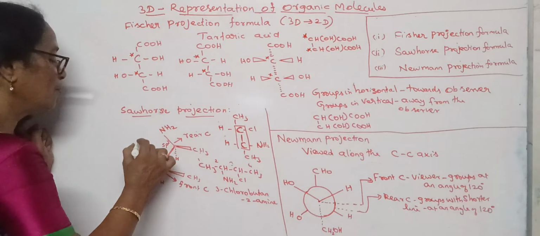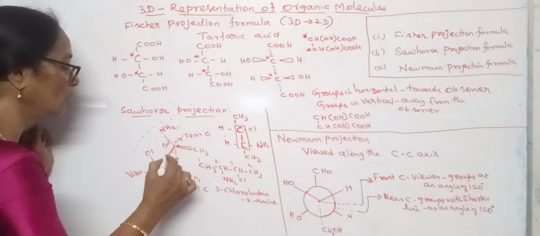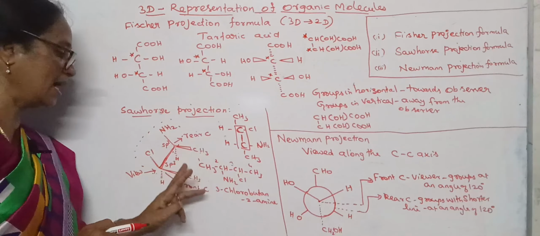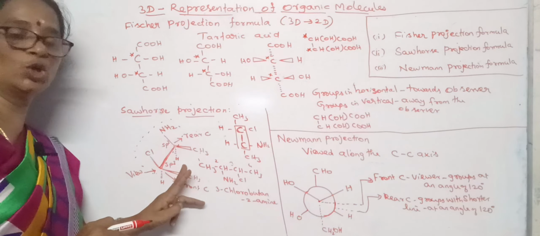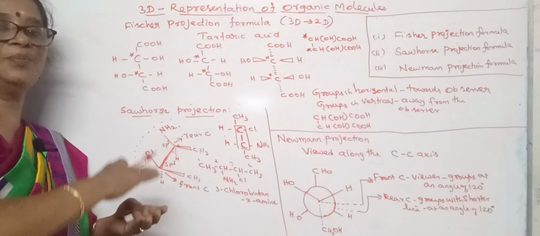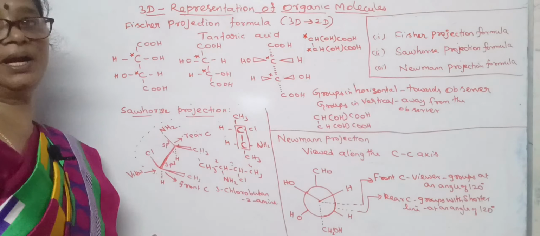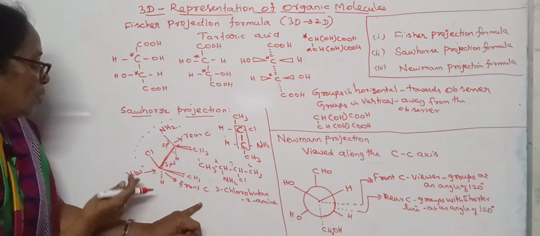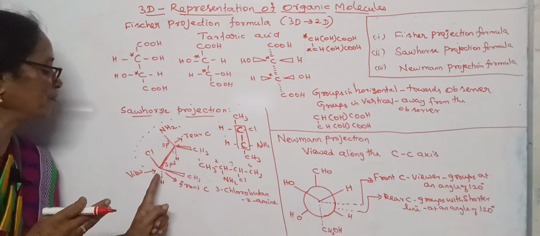So this portion of the molecule you can find on a plane. CH3 and hydrogen, the other two groups on both carbons, behave as if they are out of the plane. So how is it given? You can view the carbon from this way.